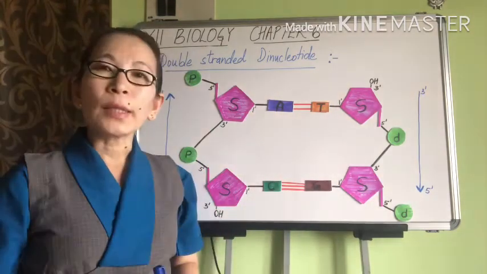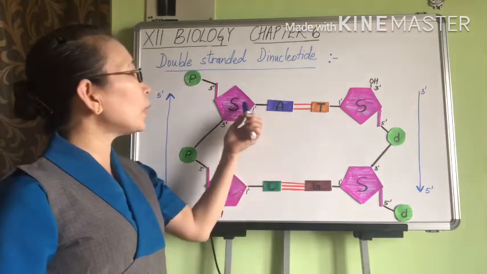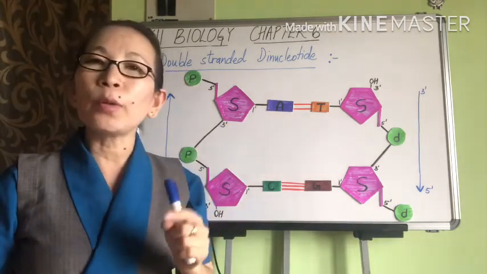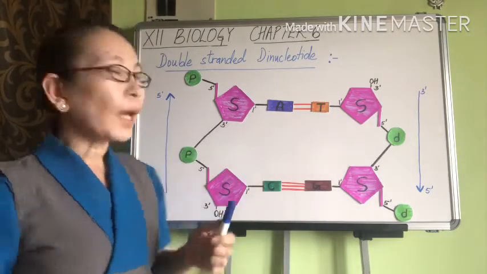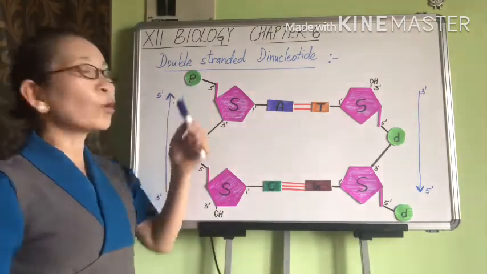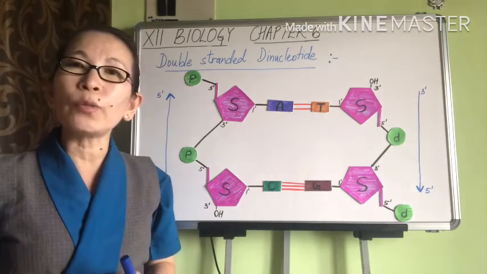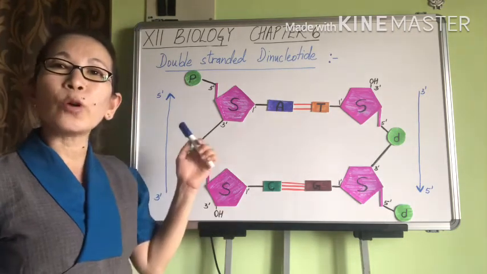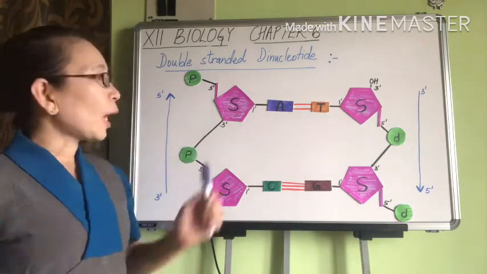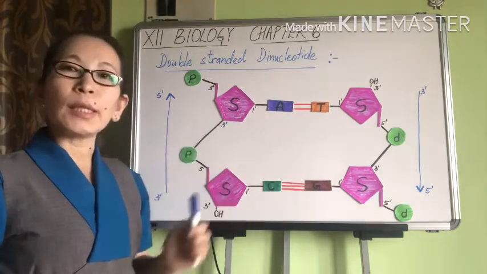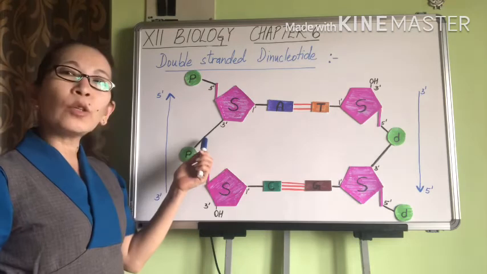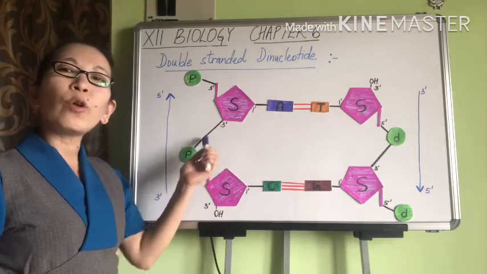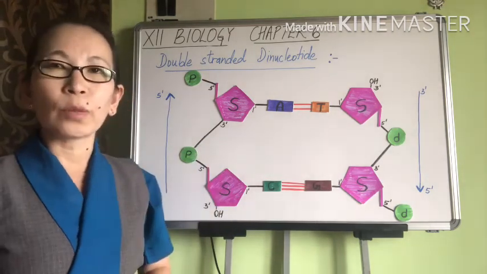We also know that nitrogen bases are covalently bonded with the first carbon of the sugar by means of an N-glycosidic bond, and the phosphate group is covalently bonded to the 5th carbon of the pentose sugar by a phosphoester bond. Now, the nucleotides in the DNA are linked together by another covalent bond known as the phosphodiester bond.